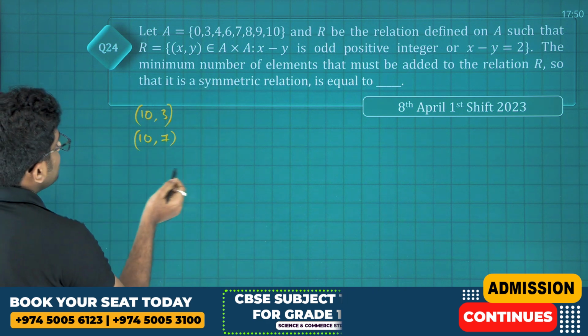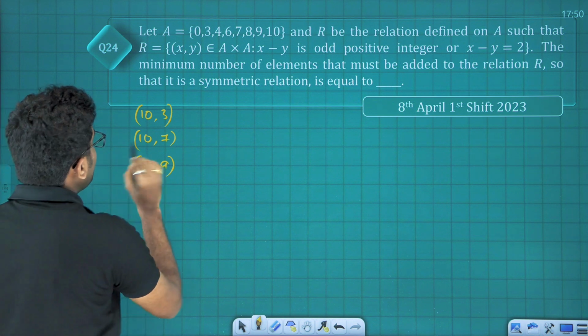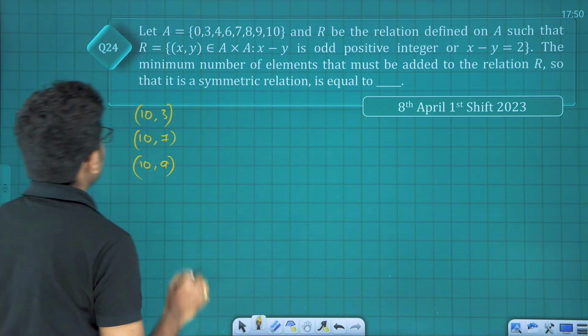So the pairs are (10, 3), (10, 7), (10, 9), where the difference is an odd positive integer.